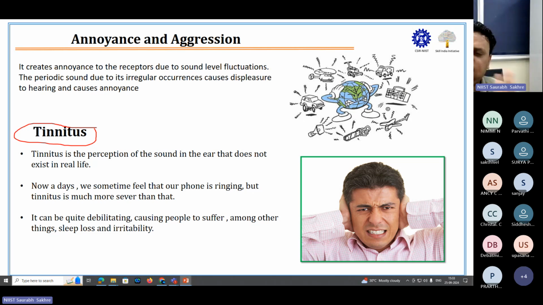Many times they feel that their phone is ringing, but actually it is not ringing. That is a disorder, and that is called tinnitus. Because we are so immersed in it, even without the phone ringing, we will hear that yes, my phone is ringing.